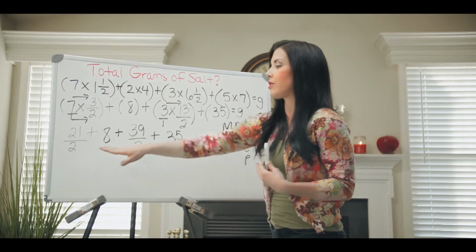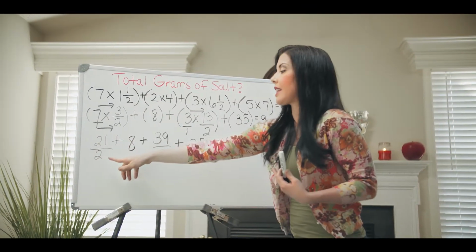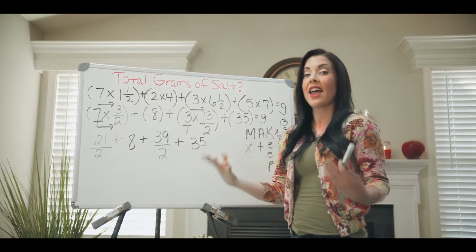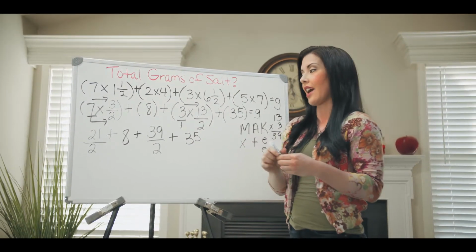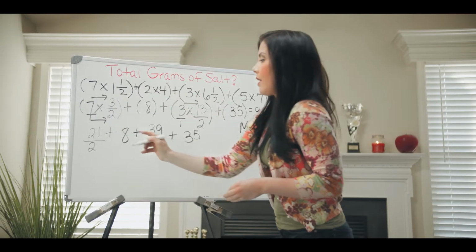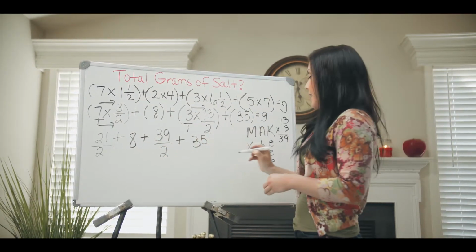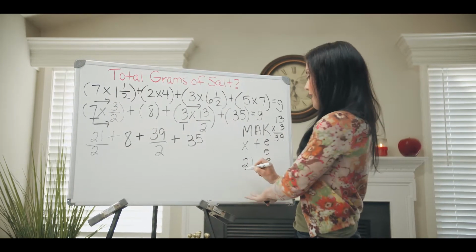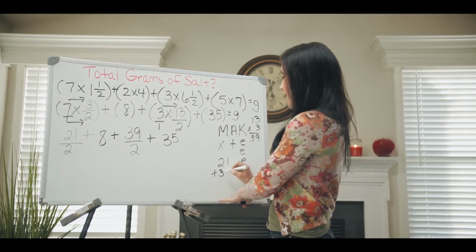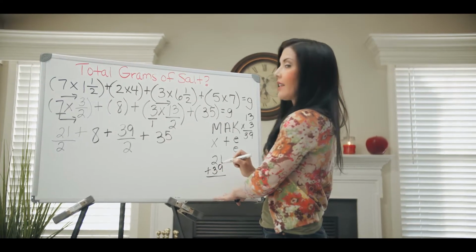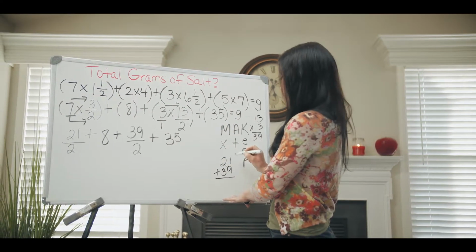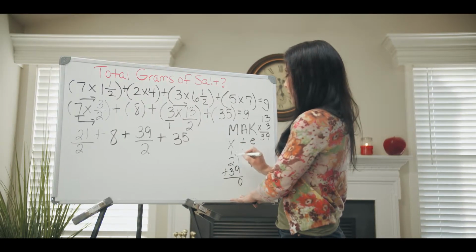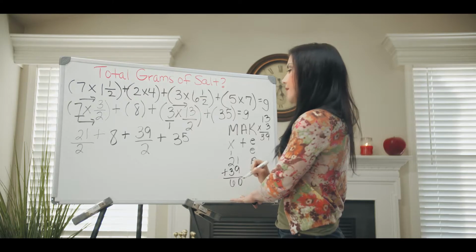Remember, like terms are examples like this. They both have a denominator of 2, so I can go ahead and just add the numerators together. So 21 plus 39, I could do it over here. I always like to write things down because then you have a better chance of getting it correct when you see what you're doing. 9 plus 1 is 10. 3 plus 2 is 5, plus 1 is 6.